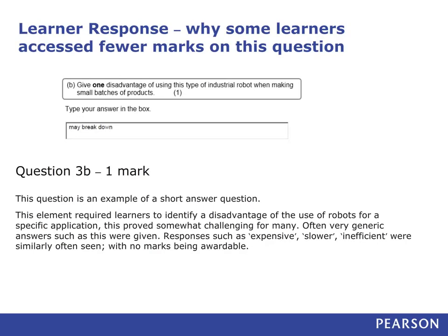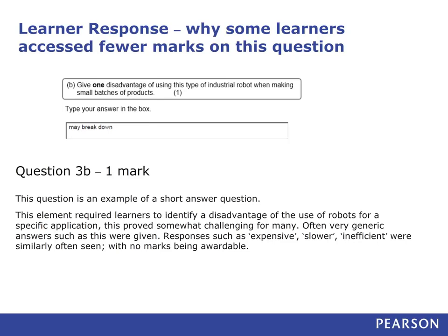The next 11 slides show examples of why learners accessed fewer marks on certain questions. Question 3b. This question is an example of a short answer question. This element required learners to identify a disadvantage of the use of robots for a specific application.